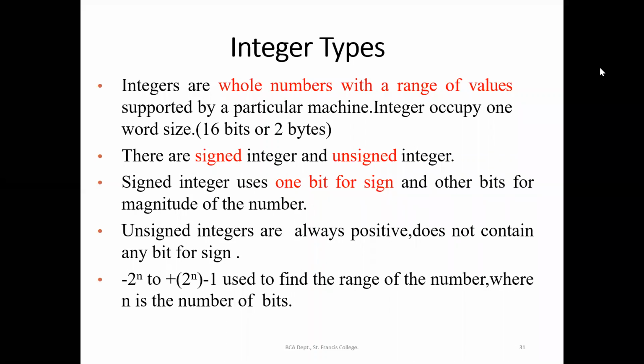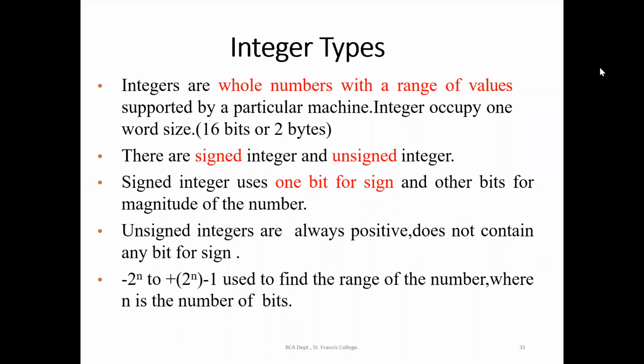Listen here, for the C programming language, when we declare a variable of integer data type, it will take 2 bytes. If you refer to the internet, it will show 4 bytes and all, but in your textbook and for the compiler we are using, if you declare a variable of integer data type, it is 2 bytes, 16 bits.